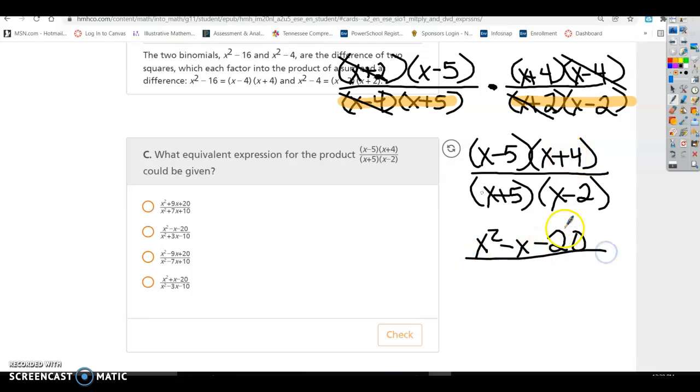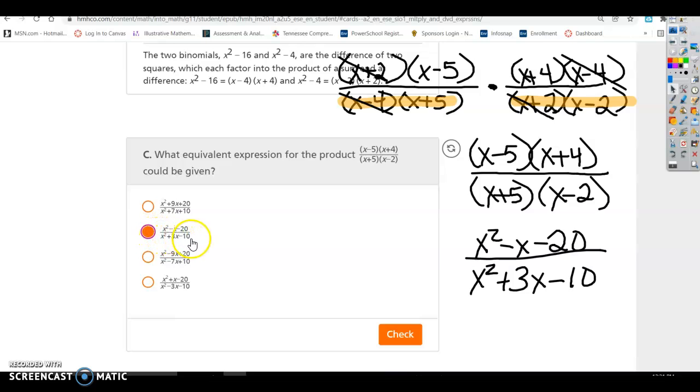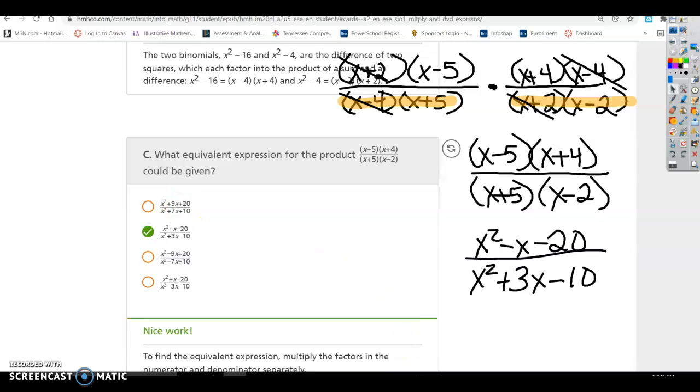So that's on top, and then we have x times x, and then we have minus 2x plus 5x, which is plus 3x, and then 5 times negative 2, which is negative 10. So when we multiply using distributive property, we get x squared minus x minus 20 over x squared plus 3x minus 10, and that is the only expression that it could be.